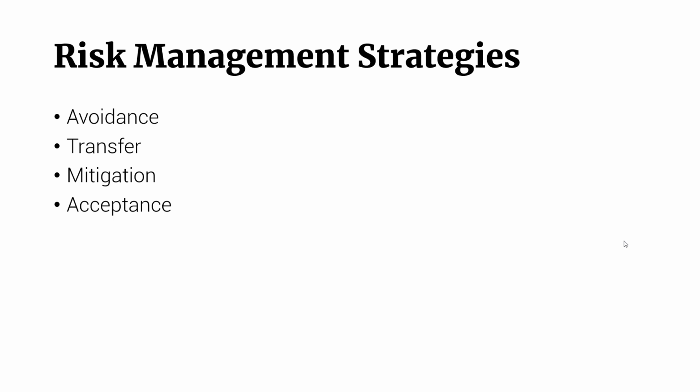So dito, minomodify mo, ginagawan mo ng mas magandang strategy ang iyong project plan para ma-eliminate or ma-minimize yung exposure ng iyong system or ng iyong project sa potential risks, by making again strategic changes to the project's direction or objectives.